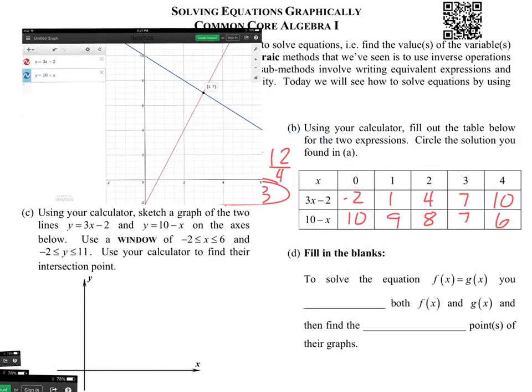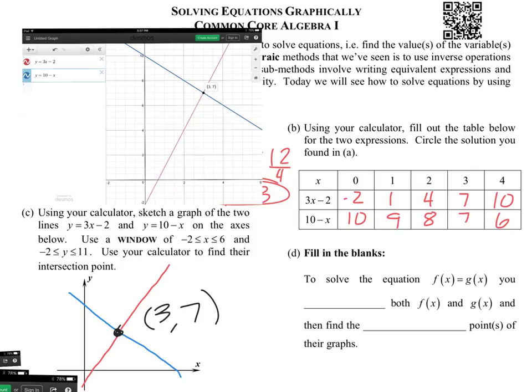So if I'm going to quickly sketch this on my graph here, I'm going to use red for the red one, and it starts at negative 2 and it goes up by 3 each time. And then the blue one starts at 10 and it goes down at a less steep rate. And then where it crosses is at 3, 7.